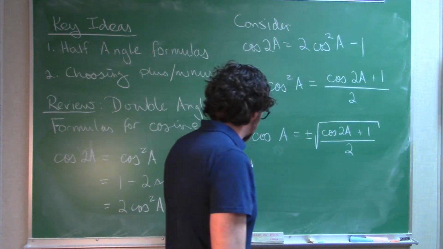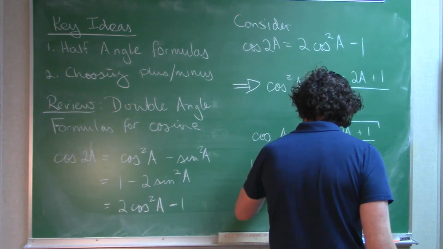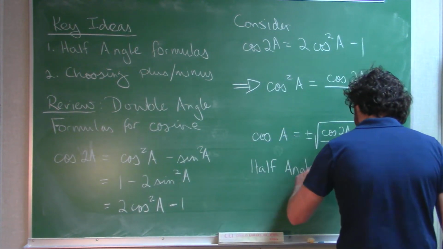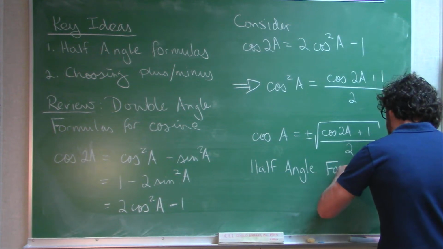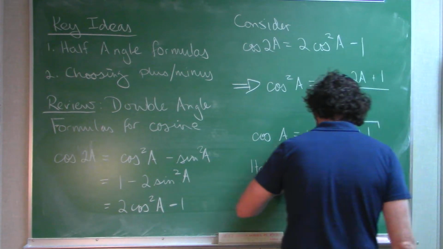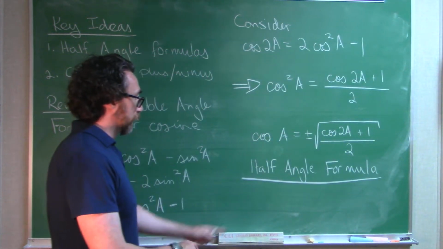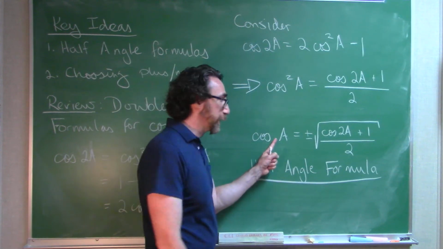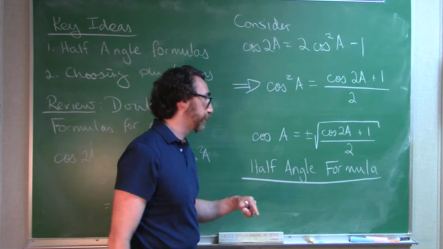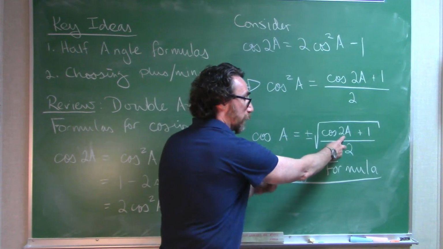And this actually leads us to the half angle formula for cosine. It's all about the relationship between this quantity and this one. So whatever this is, that one's double.